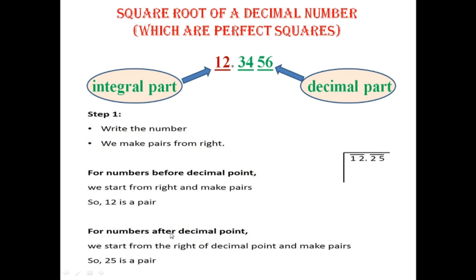But for the numbers which are after the decimal point, we will start making pairs from left to right.